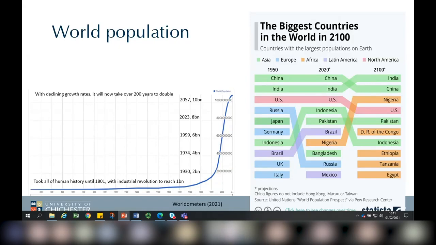Okay, so in terms of looking at the future, in 2100, we're likely to shift from the largest populations being China, India, and the US to India, China, and Nigeria. What we're seeing is a growth in population in areas of Africa, India, and other countries like Indonesia, but mostly around the African continent.